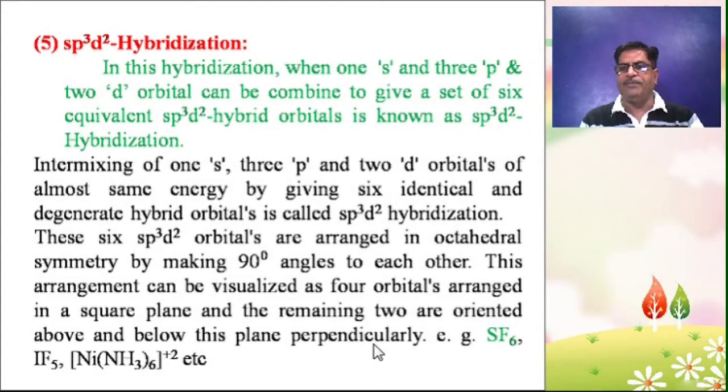For example, SF6, IF5, and the nickel hexaammine 2+ molecular ion. These are examples of sp3d2 hybridization.